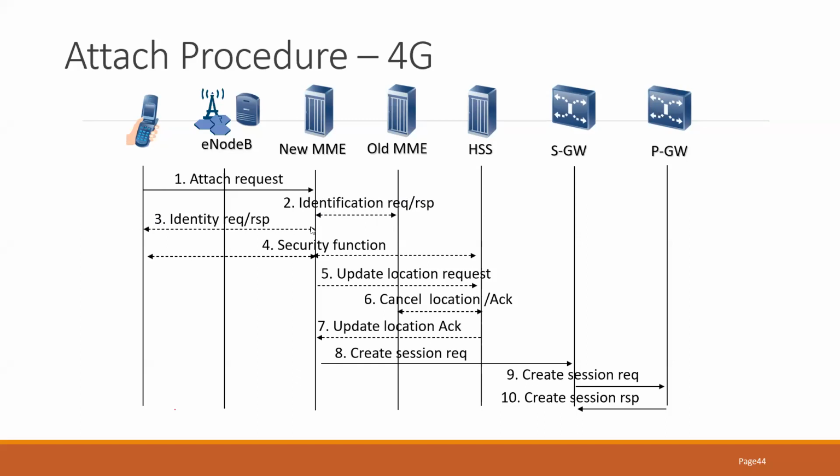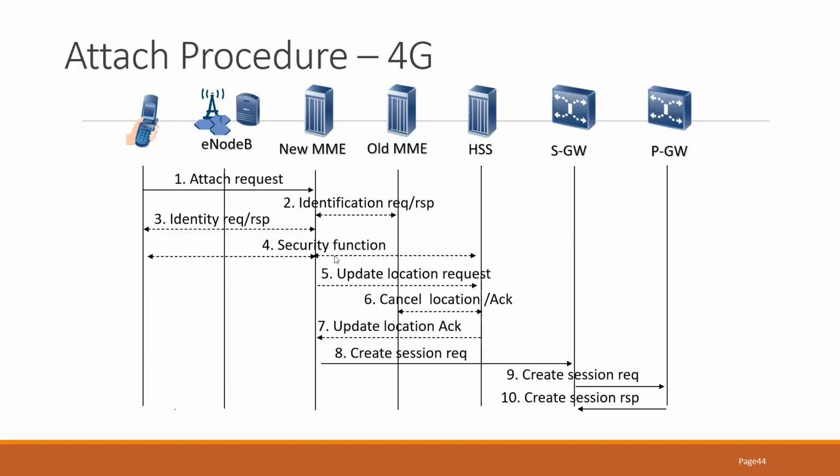Once you have the IMSI, you will perform your security function. The security function flow is the same as we discussed with the HLR. You will send information to the HSS, and it will respond back with your authentication sets. Part of those sets you are going to send to the UE. The UE is going to perform the authentication and send back the expected response.